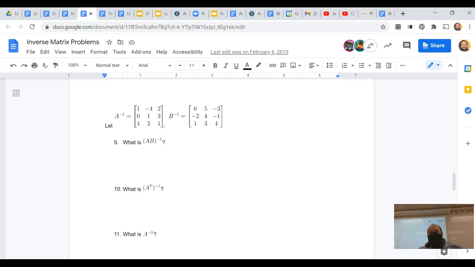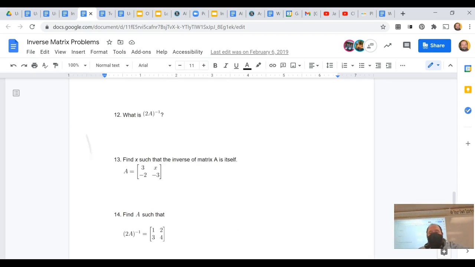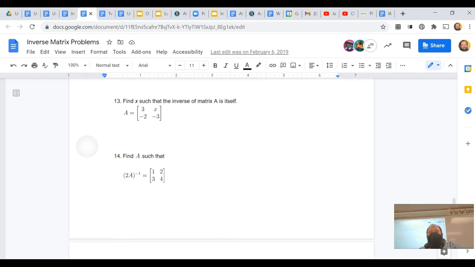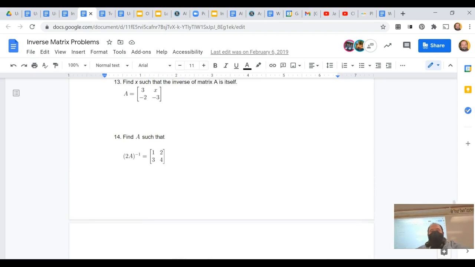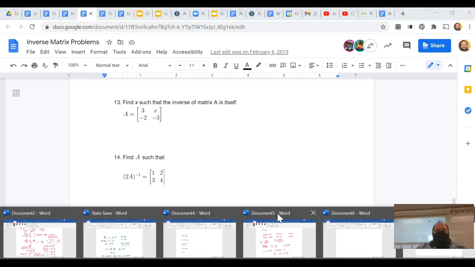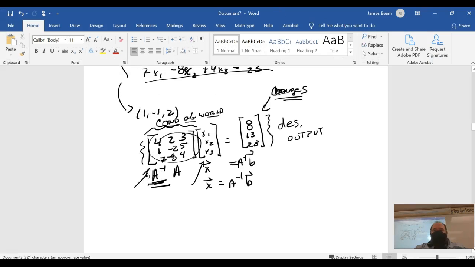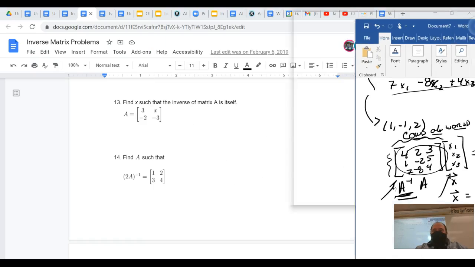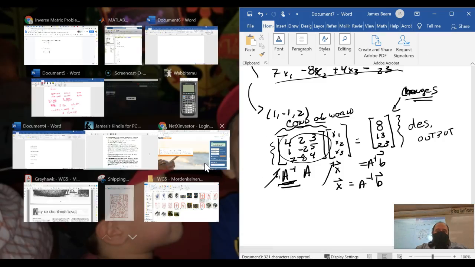Okay? And then 13 is interesting because you have to do it by hand, right? Let's just play with 13 for a moment. Can we just do this? So the question is to find X so that the matrix is itself, right? I find this a particularly interesting question.